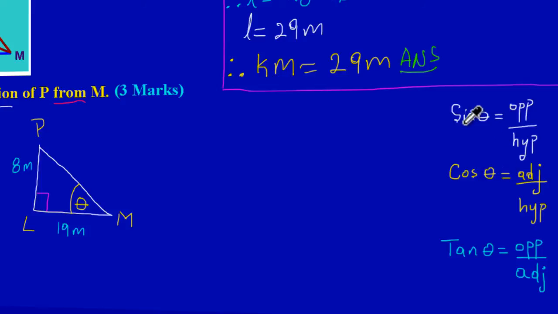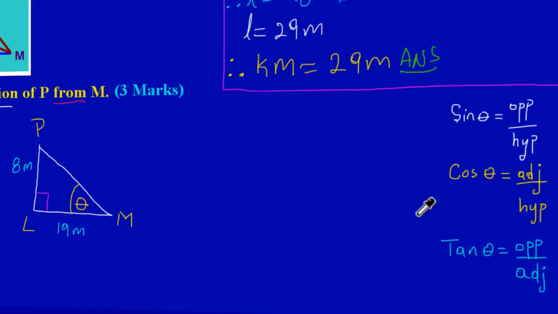Here we have our three basic trig ratios that we use in a right angle triangle to find the length of a side or the size of an angle. First, the sine of an angle theta is the opposite over the hypotenuse. The cosine of an angle theta is equal to the adjacent (ADJ) over the hypotenuse (HYP), and the tangent of an angle theta is equal to the opposite over the adjacent.